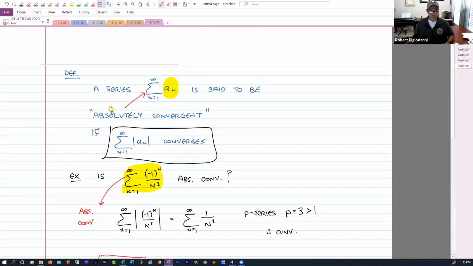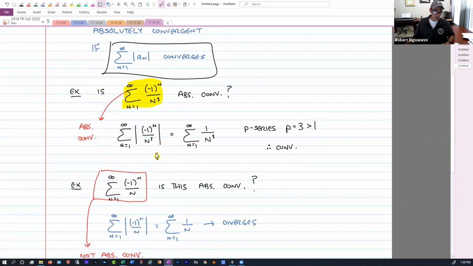So we have to go to the definition here. To be able to say that a series is absolutely convergent means that when you take the absolute value of the sequence, the series converges. If this doesn't happen, then we can't call it absolutely convergent. We need this to happen to be able to say it's absolutely convergent.